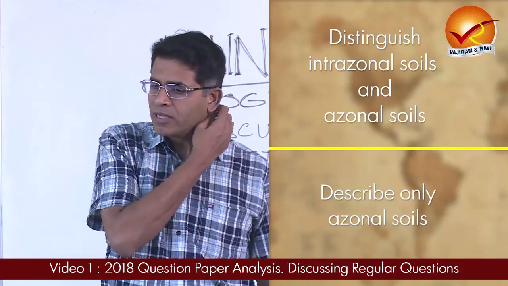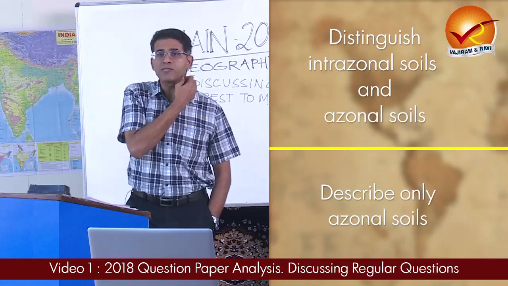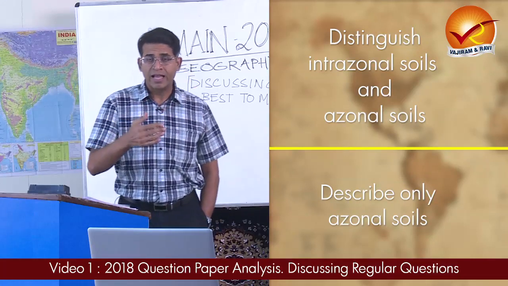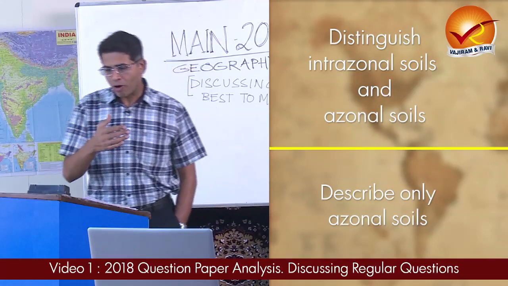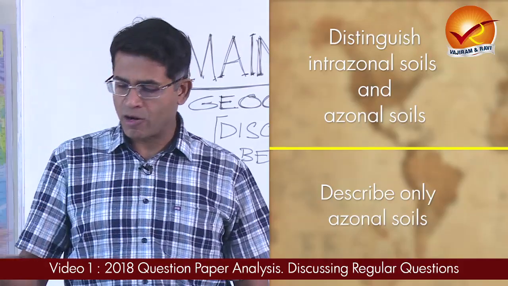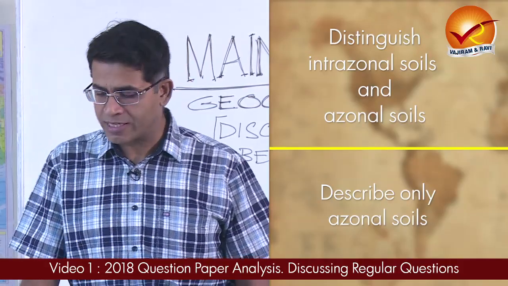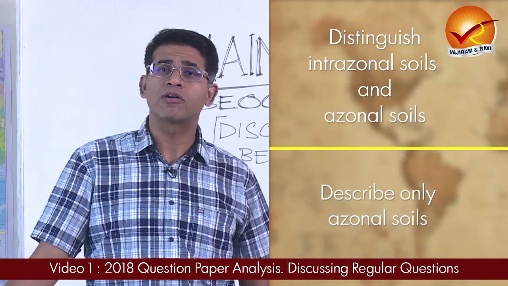My guess is students, while writing the first part, would have got carried away and written a bit more on distinguishing the two and not spent as many words on describing the characteristics and importance of the azonal soil. Not much to add because content is something I assume you all know on this.